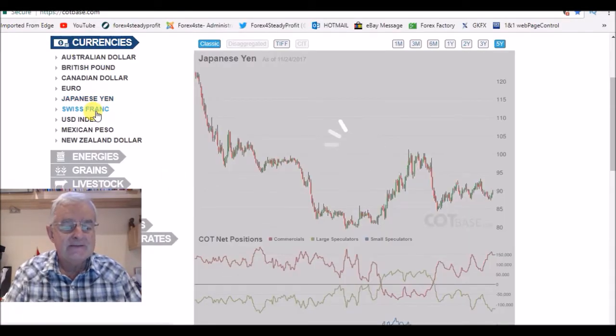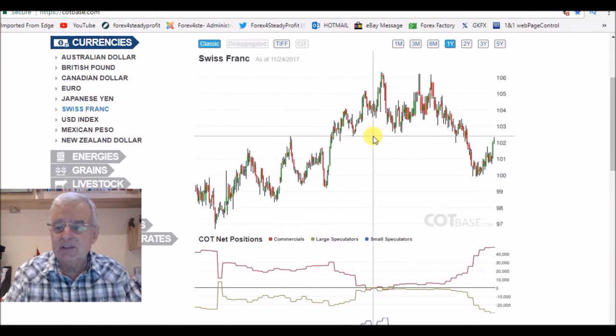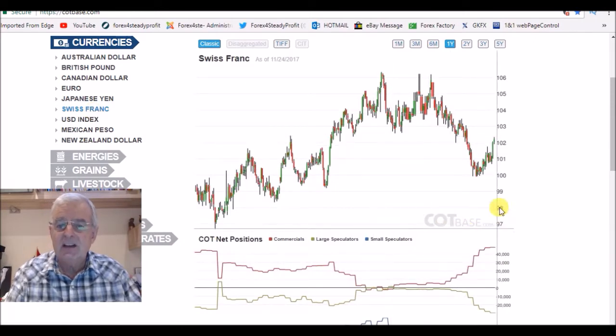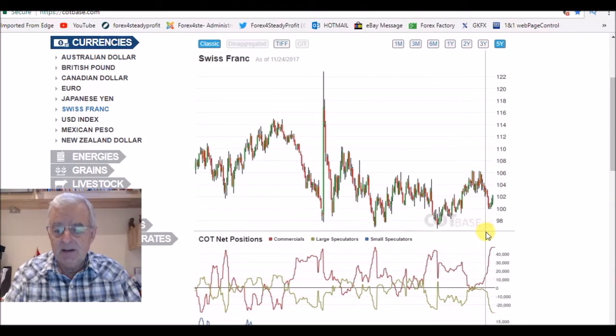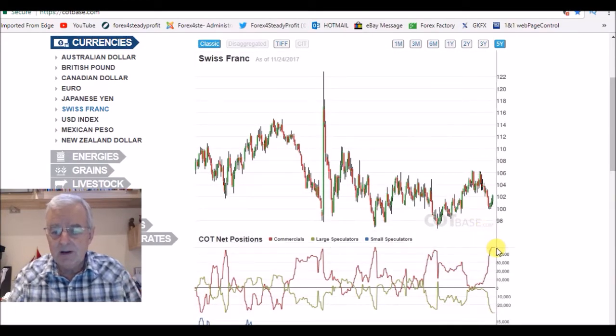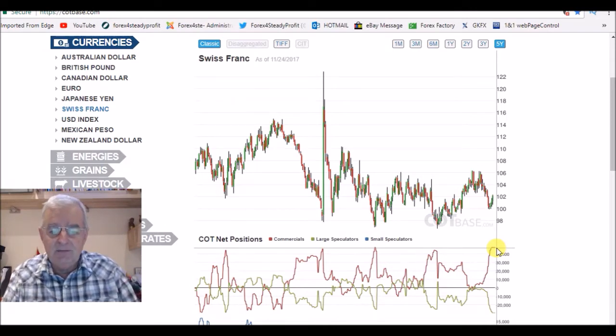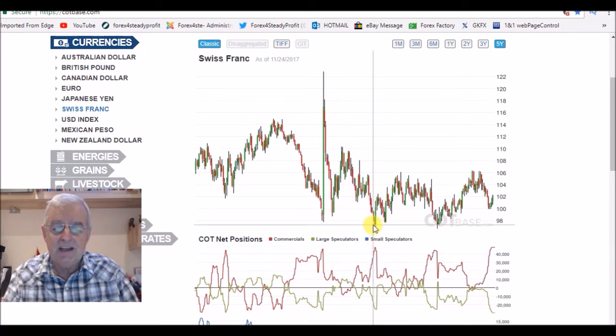Swiss franc. I think there's a lot of potential in this over the next few weeks. Again, I'm going to go onto a 5-year chart, and you can see how bullish the commercials are. If you look back, when they were here, we got a very nice move up, and it did continue, although we had pullbacks.